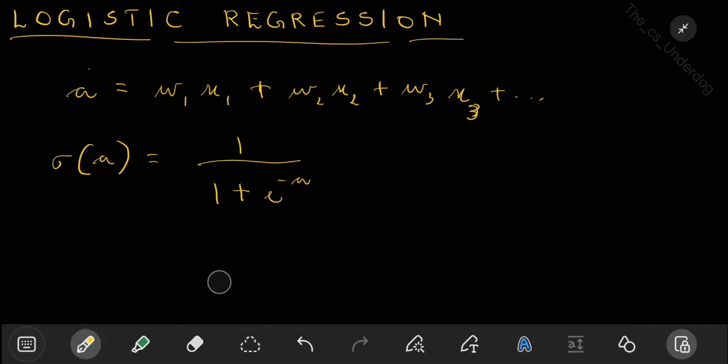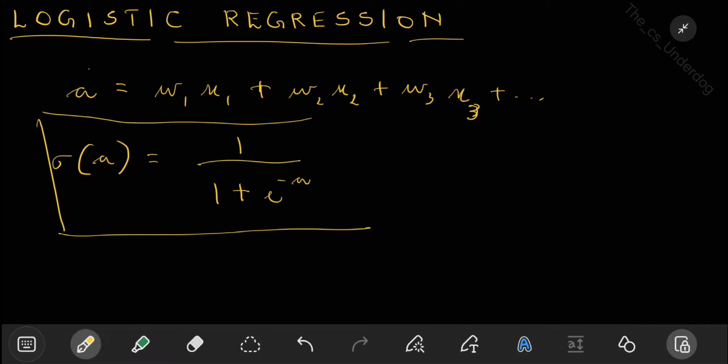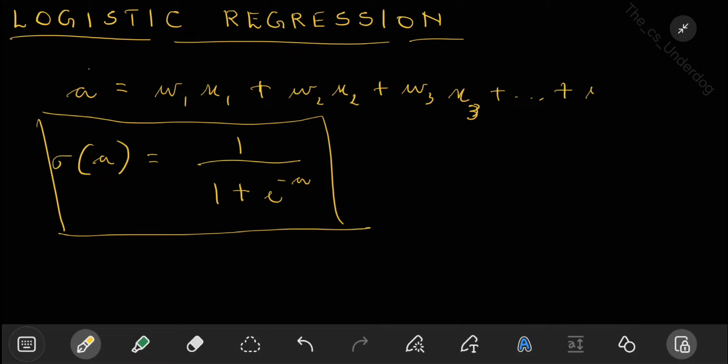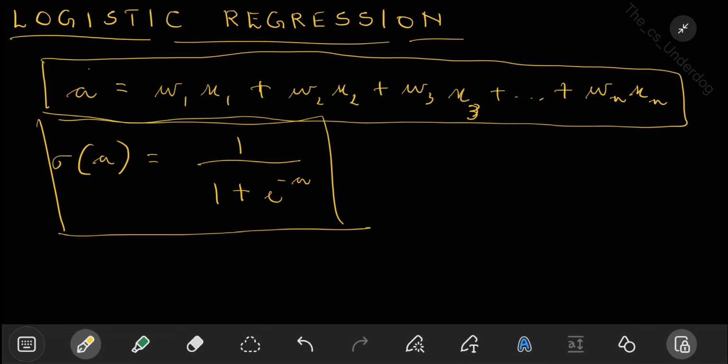In this lecture, we'll just introduce the sigmoid function and see why it is useful in logistic regression. So let's start with this. Sigmoid function is 1 by 1 plus e power minus a, where a is this value w1x1 plus w2x2 plus w3x3 up to, let's say there are n values, then wn xn. Okay, this is what a is. So here in logistic regression, you are using this sigmoid function. Why are we using the sigmoid function here?